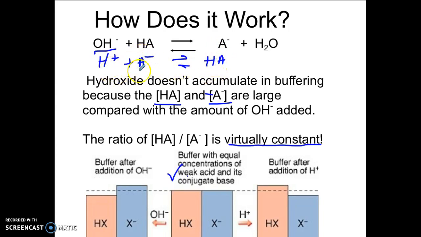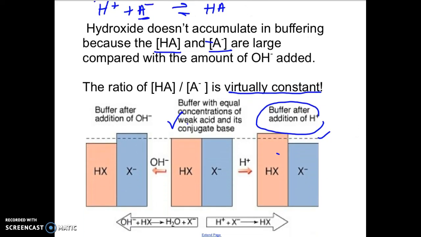Now, this conjugate base is absorbing the acid that it's been exposed to, and it's going to keep it bound up as that weak acid, as you can see right here with the addition of an H+. And so yes, as you notice, those concentrations do change, but they're still relatively high. And so that's how a buffer works.